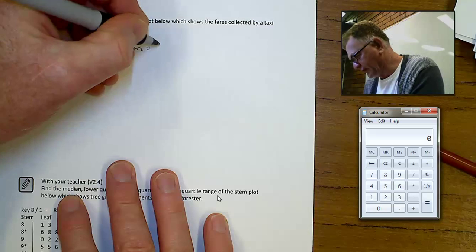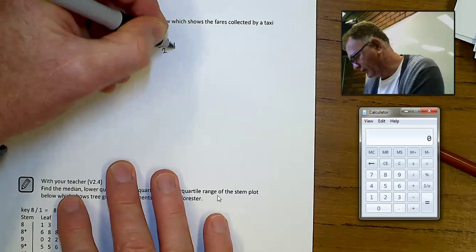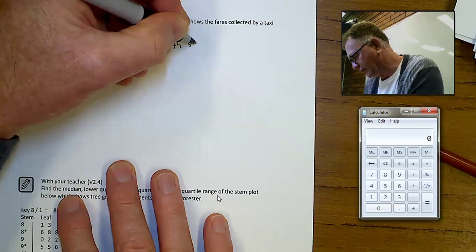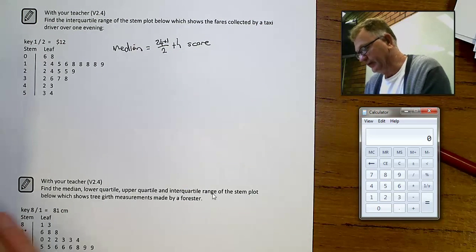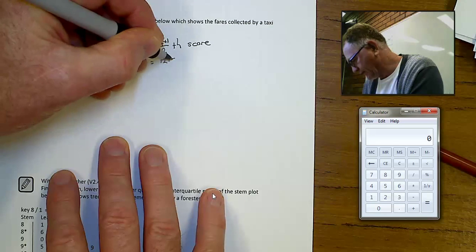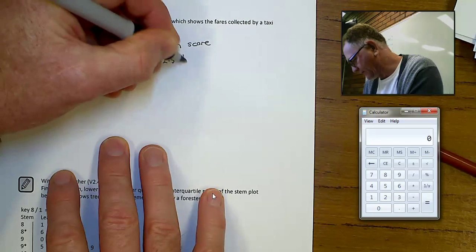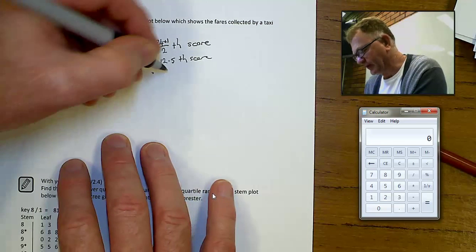is going to equal the 24 plus 1 over 2 score. That's the position of the median, which will make it the 12.5th score. Or you could say it's between the 12th and 13th score.